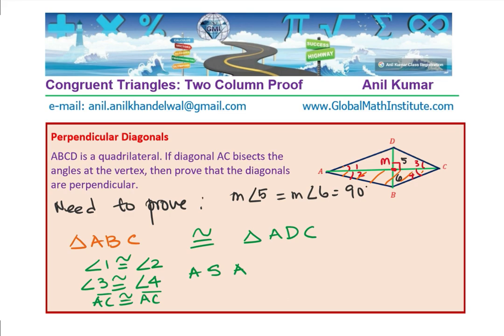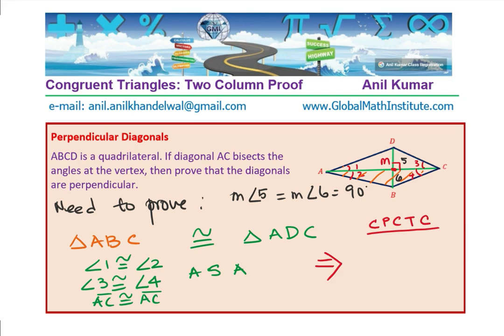then what does that imply? It implies that corresponding sides of congruent triangles are also congruent. Short form CPCTC.